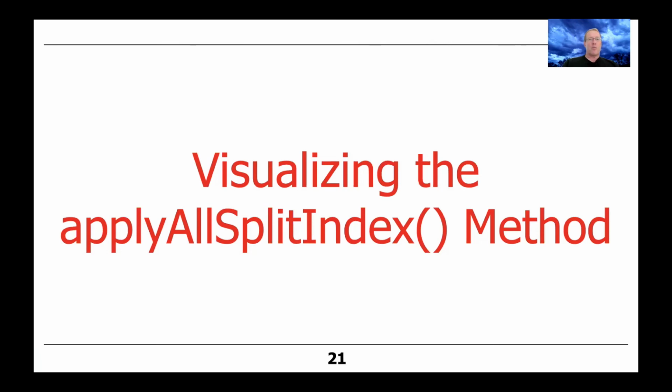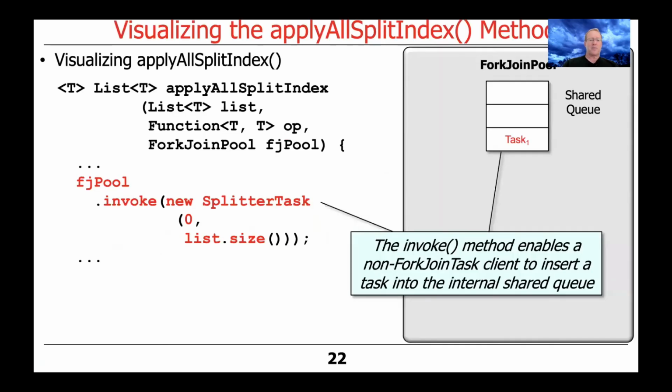Before we look at the performance of this versus other approaches, though, let's first spend a little time visualizing the applyAllSplitIndex method. As before, it works very similarly to the other applyAllSplit implementation, it just doesn't end up having sublists, but instead uses indices. That's what gets passed through the splitter task.